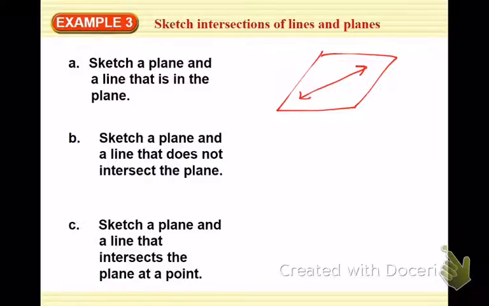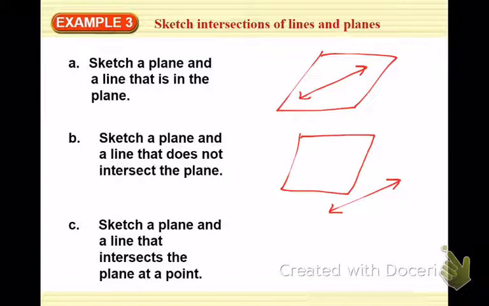Don't let the line go outside the box. Now, obviously, if you want to sketch a line that's not in the plane, then you want to sketch that line to where it's not touching the box, the plane, anywhere. That's going to be a pretty good indicator that the line is either in the plane or it's not.